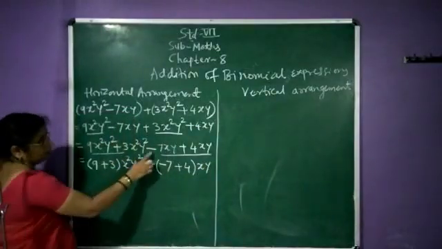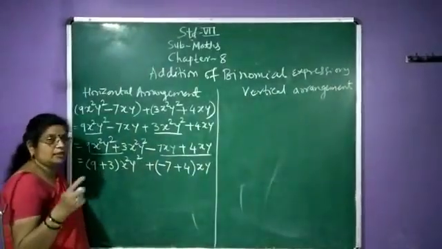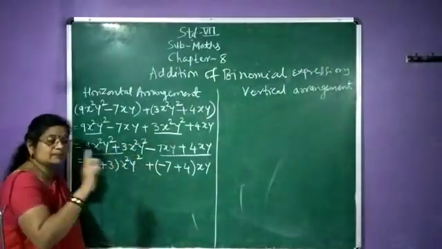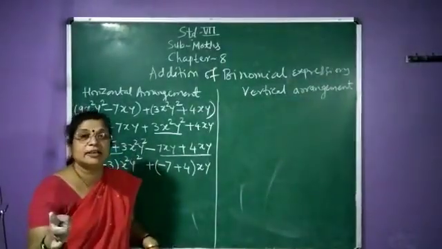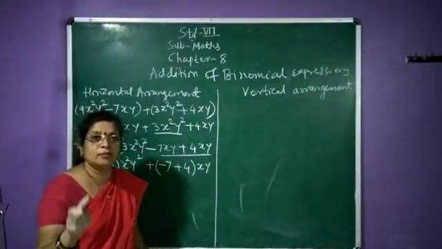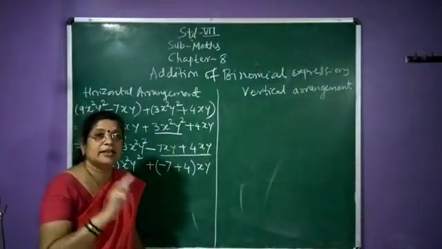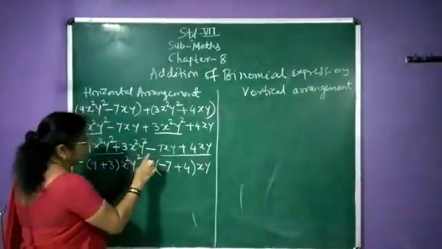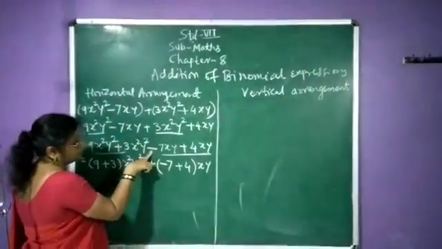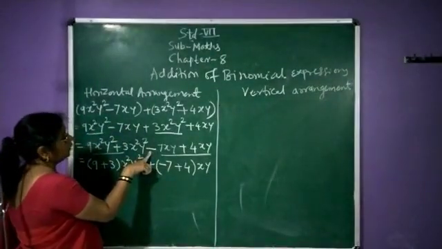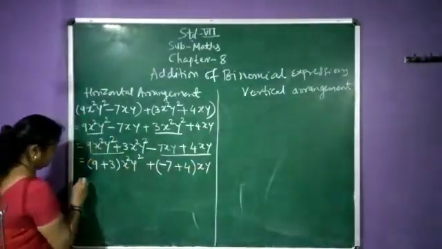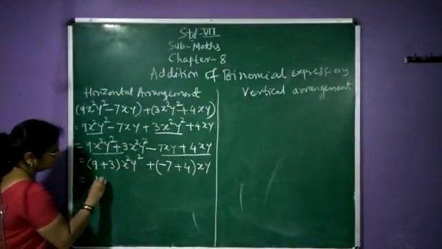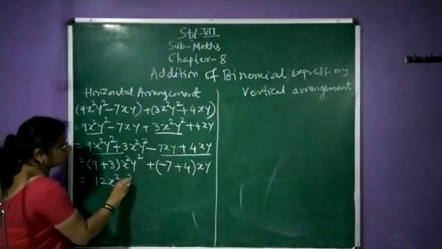Now see, this you have learned in the second chapter, I think: plus positive, integer, positive negative, negative positive. So here outside there is a minus sign, and I have done plus, so minus 7 will be there. Now 9 plus 3, 12 x square y square.